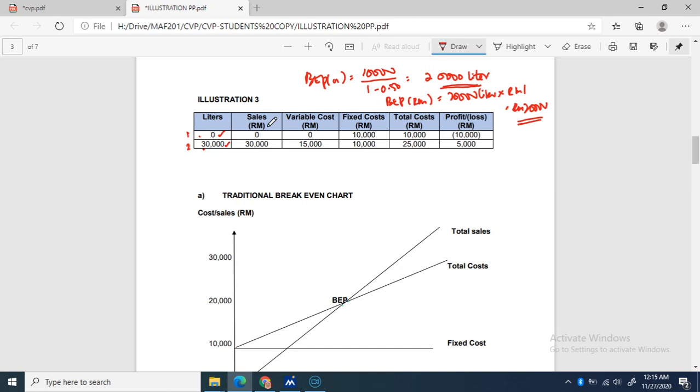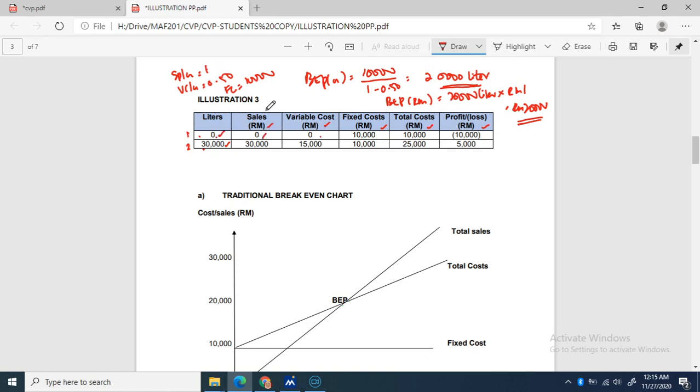Calculate the sales in RM, variable cost in RM, fixed cost in RM, total cost, and also profit or loss. So how to get the total sales? The selling price per unit is equal to 1, variable cost per unit is equal to 0.5, fixed cost is equal to 10,000. So 0 times 1 is 0.